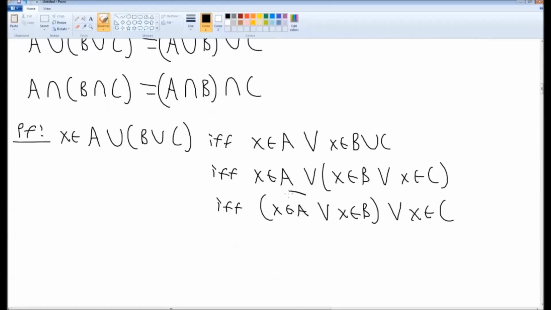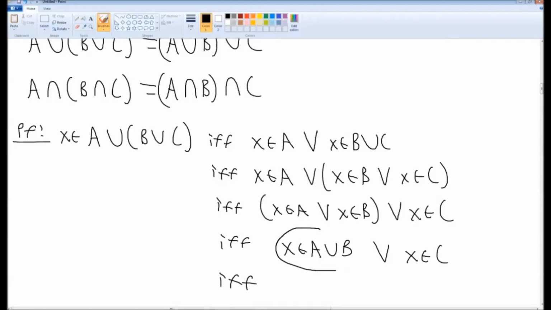But what's this the same as? Well, this part saying X is in A or X is in B is the same as saying X is in A union B. So either X is in A union B or X is in C. But what's this the same as?